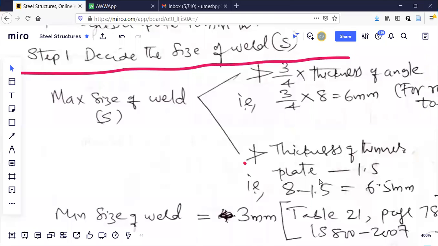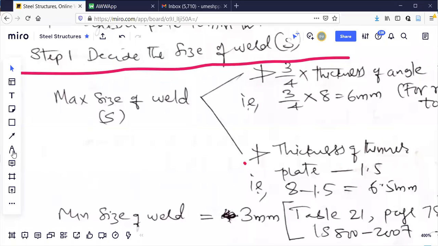Thickness of thinner plate means what? There are two members, the gusset plate and the angle section. Angle section is 8 mm thick, gusset is 10 mm thick. So out of these two, thinner is the angle section. That is why I have taken 8 here, not 10.